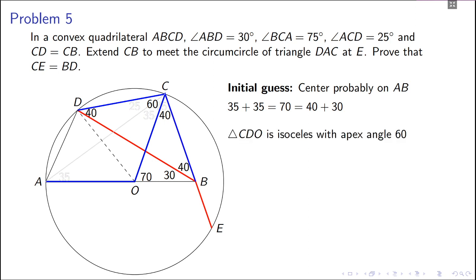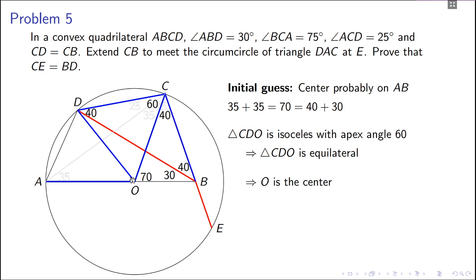So this is isosceles, that means this is equilateral. That means this segment also has the same length as the other two. So all these blue lines are equal everywhere. This also means that this O is actually the center of this circle because it's at the same distance from all these three points. So what you have shown is that O is the center and the center lies on this.